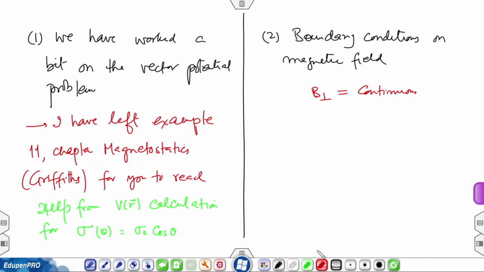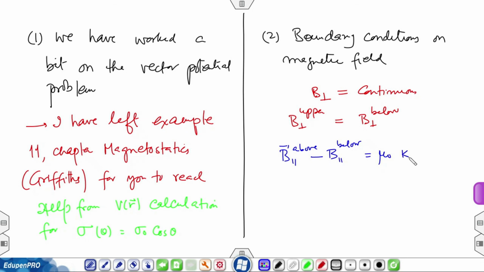That means B perpendicular above the surface is B perpendicular below the surface, and B parallel above minus B parallel below is mu 0, the surface current cross n.